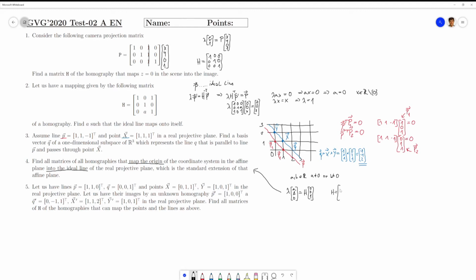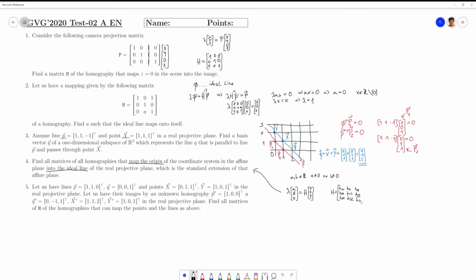We can see that anything in the first two columns of H meets our constraints, and that the last column equals lambda a, lambda b, and 0.